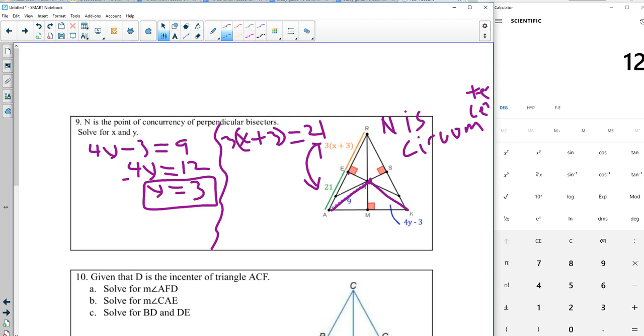We can either distribute or divide by 3. I'm going to go ahead and divide by 3. So x plus 3 is equal to 7. x is equal to 7 minus 3, which is 4. And then that'll be your answer.